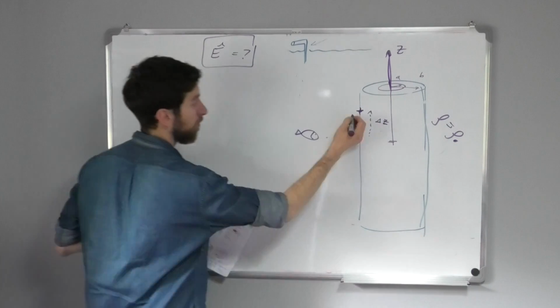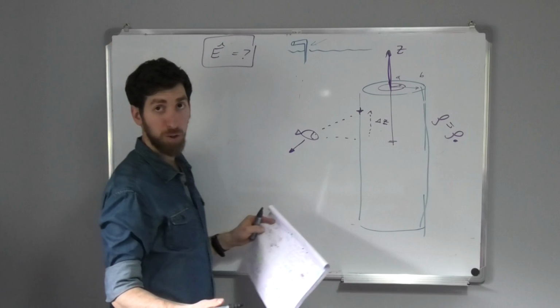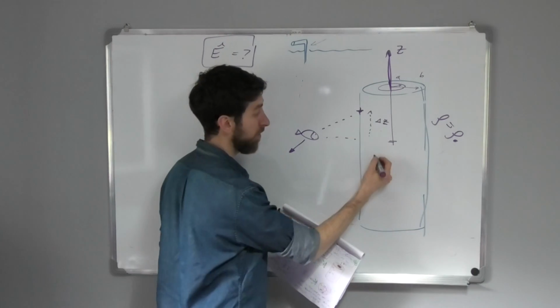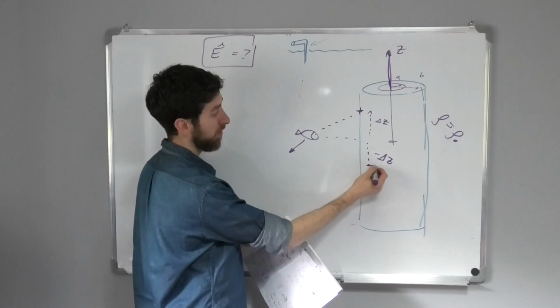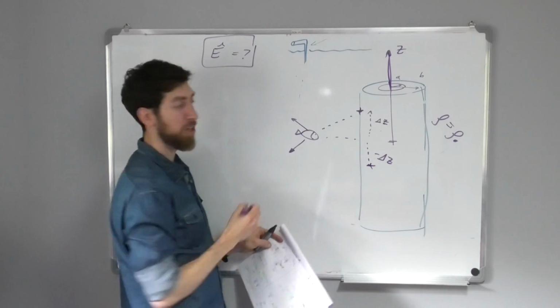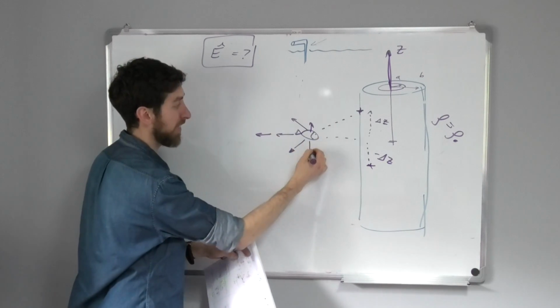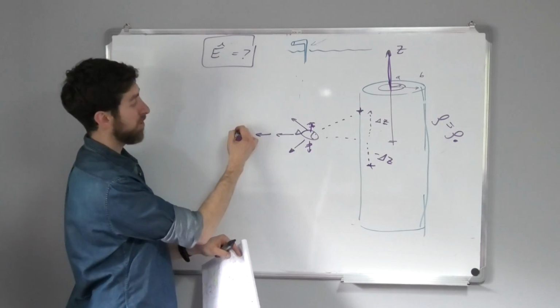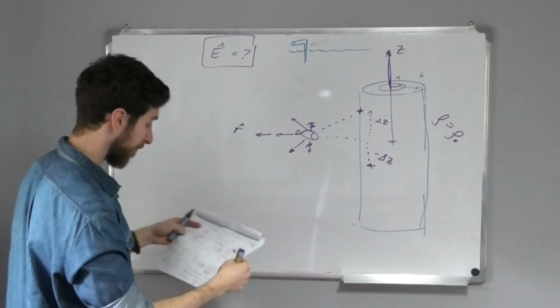So if I look at this one, I can see that I have a direction here, and you see where I'm going. This is infinitely long, so here I'm going to have delta Z. So this one is going to give this kind of direction to the electric field. This is going to sum up, and this is going to cancel out. So this is the radial coordinate because this happens in every direction, right?